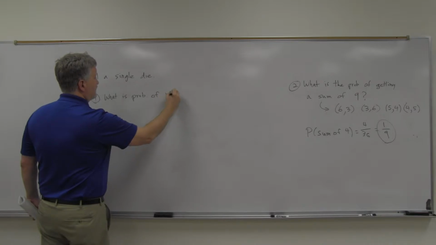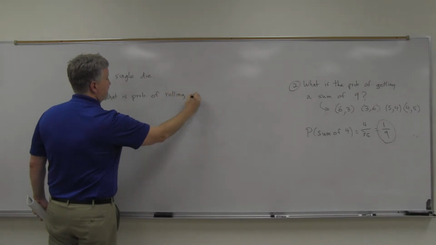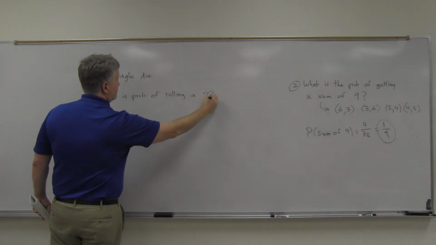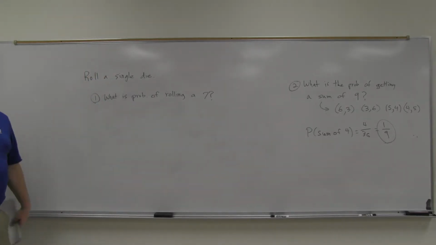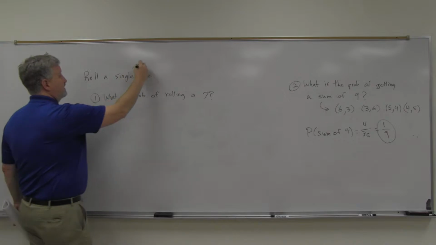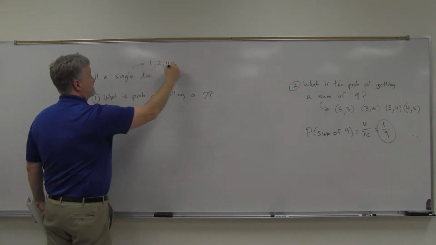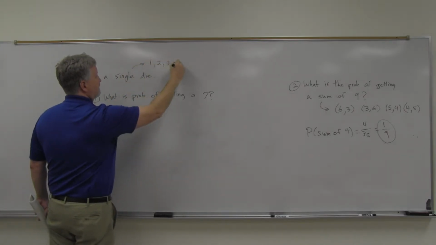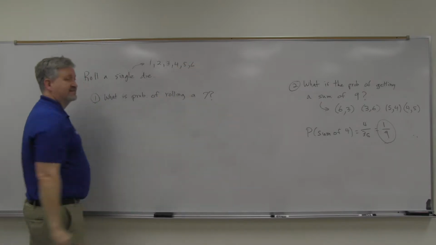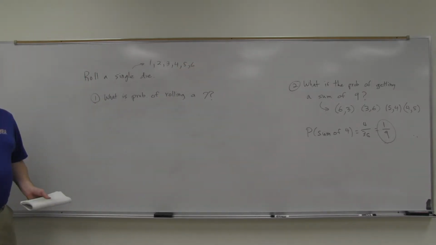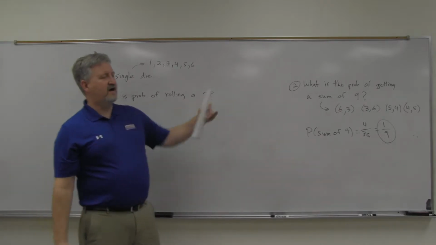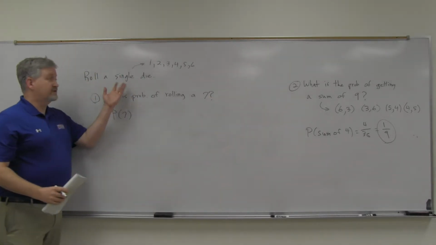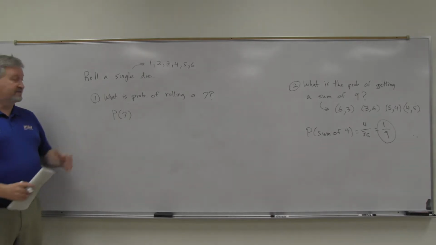of rolling a 7? Well, we're just rolling a single die here, so the possibilities are 1, 2, 3, 4, 5, or 6, right? We can't get a 7. So what does that make the probability of 7? If we were talking a pair of dice, we could roll a sum of 7, but we're just rolling a single one, so we can't get a 7.